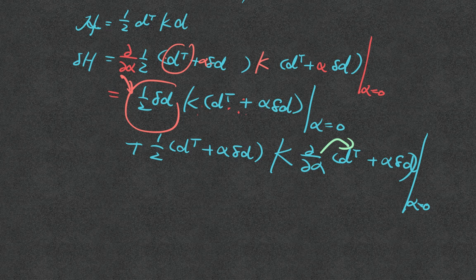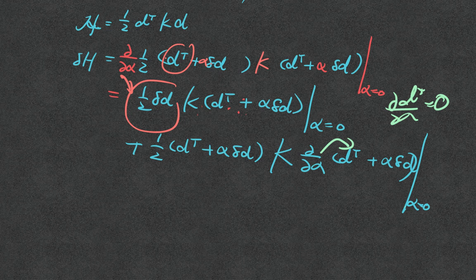I apply this to d. d is independent of alpha, so dt d alpha equals 0. And in this one I have the alpha there, so the derivative of alpha itself is just 1. I take this thing out, and then alpha equals 0.